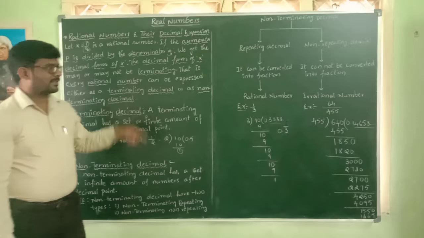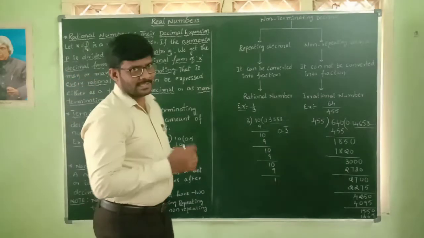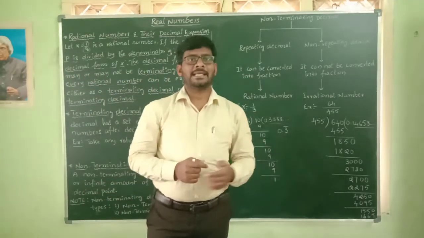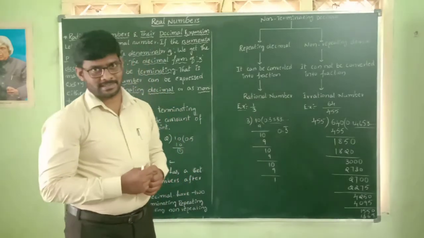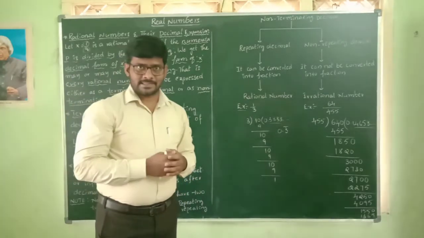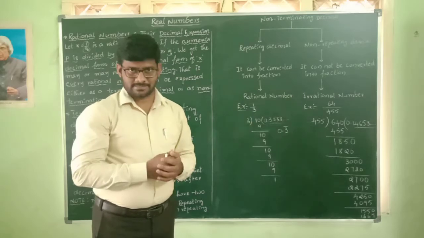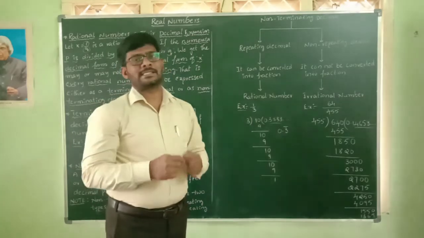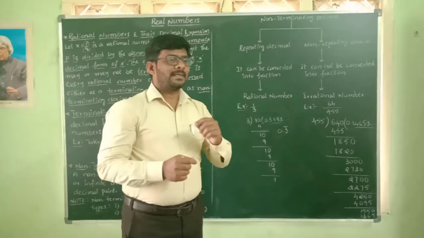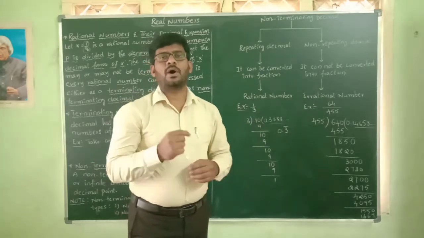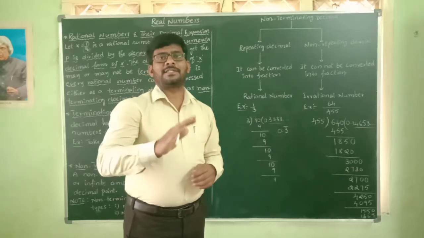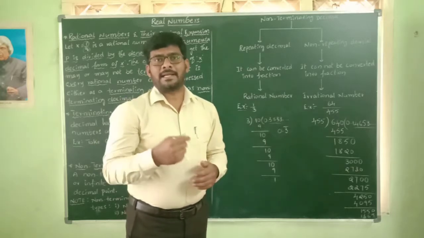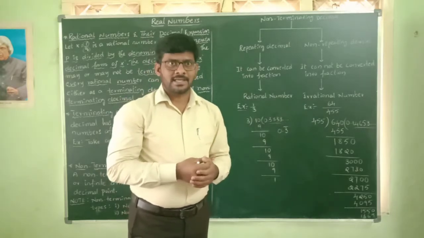Let us see, here two definitions came. One is terminating decimal, another one is non-terminating decimal. What are terminating decimals and what are non-terminating decimals? A terminating decimal has a finite amount of numbers after the decimal point. Understand children?